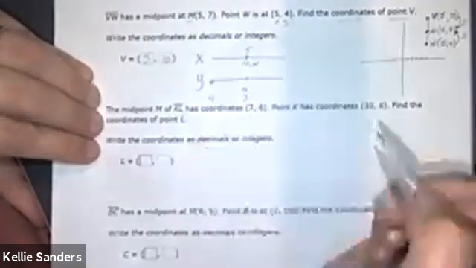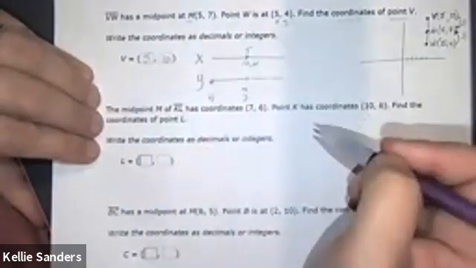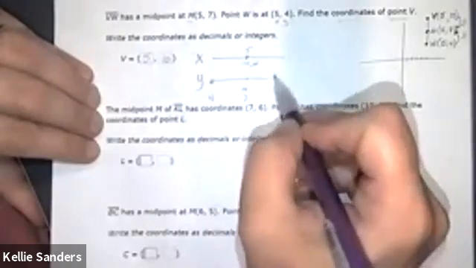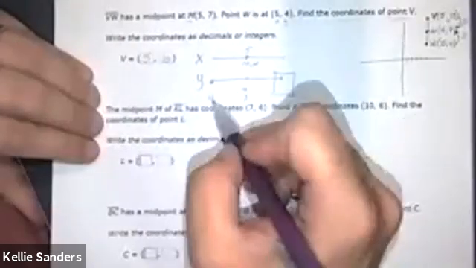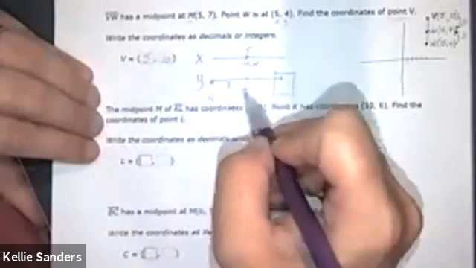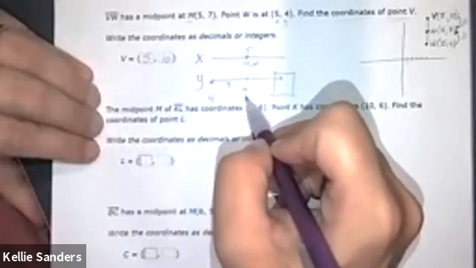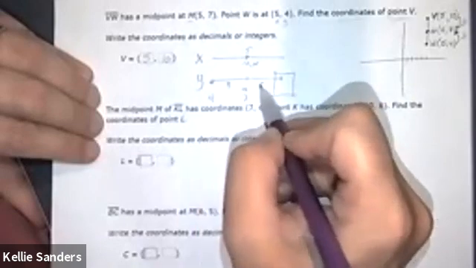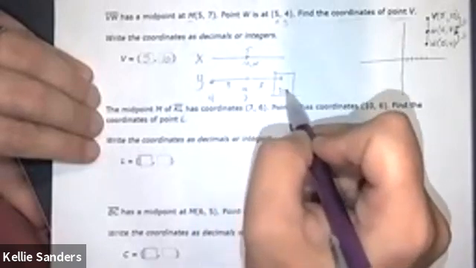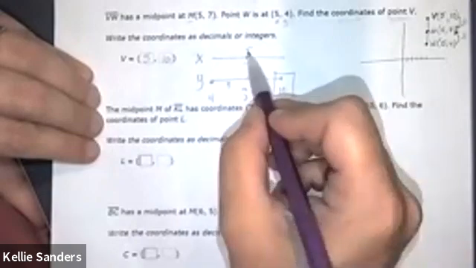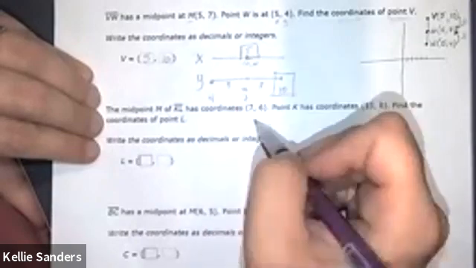And remember, it's an endpoint, so I'm going to put 4 at the end. So what I'm looking for is this endpoint. So from 4 to 7 is 3, and if M is at the midpoint, then if this is 3, then this is 3. So if I go from 7 up 3, I would be at 10. So there's our 5, and there is our 10.